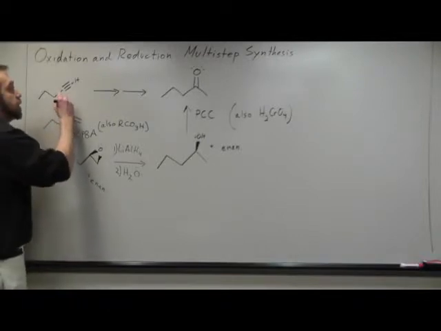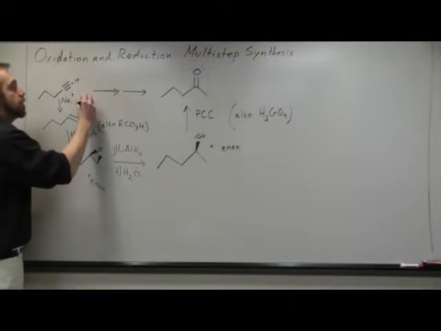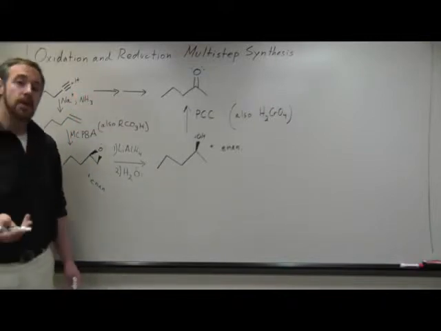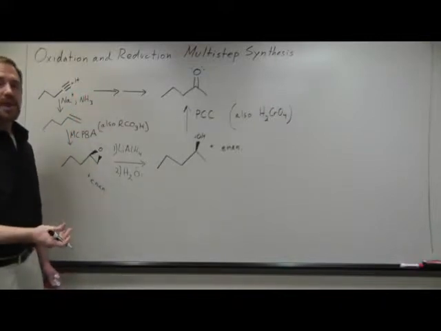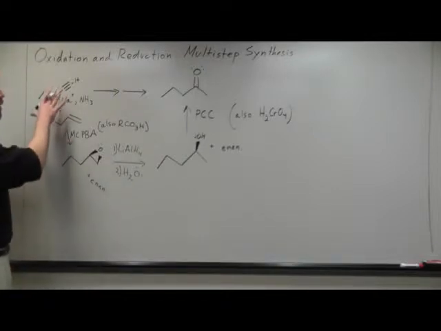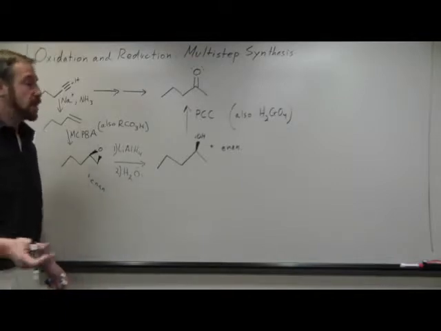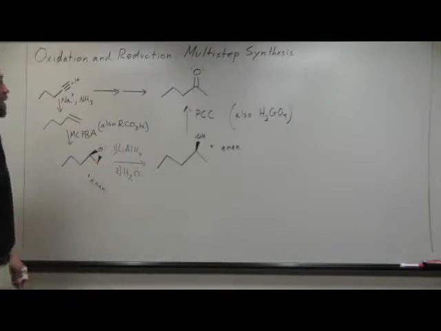And so, for example, you can use sodium metal in ammonia to accomplish this, or alternatively, hydrogen gas and Lindlar's catalyst would do the reaction. And so here, highlighting most of the reactions from this current chapter, we've accomplished this synthesis in 1, 2, 3, 4 steps.